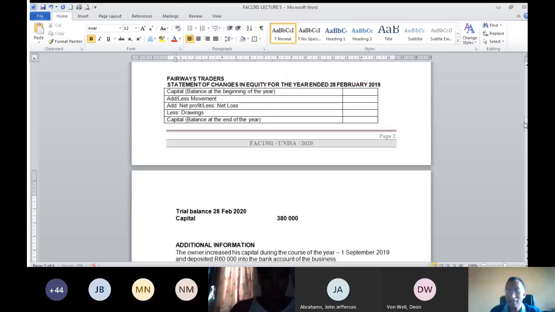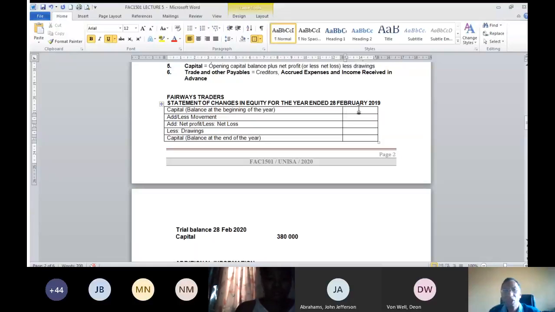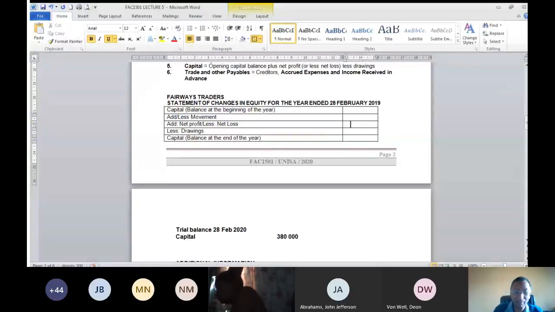That is just to give you guys an explanation of the movement. So we will have in your statement the capital balance at the beginning of the year. We must add the movement. We must add your profit for the year. If you have made a loss, it must be subtracted. So remember now, this information is coming from your statement of profit and loss and other comprehensive income, because that is where you will find your profit for the year.